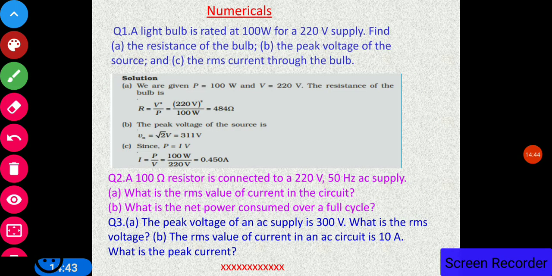Now let us discuss one numerical. A light bulb is rated as 100 watt for a 220 volt supply. So when 220 volt supply, this is the effective value or the virtual value. Here we have to find the resistance of the bulb, peak voltage of the source, and the RMS current through the bulb.